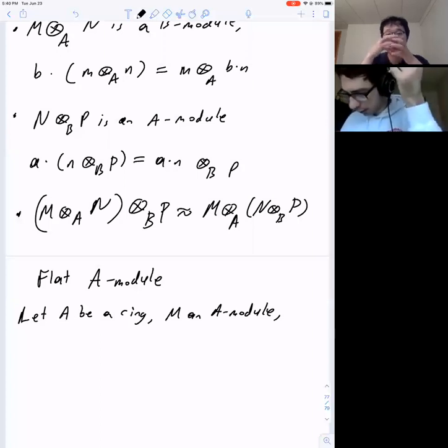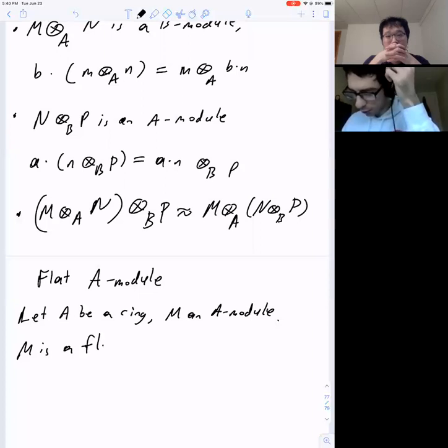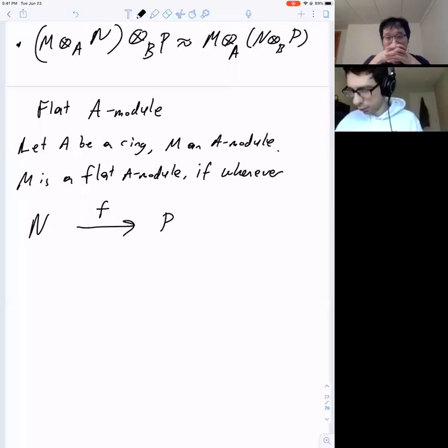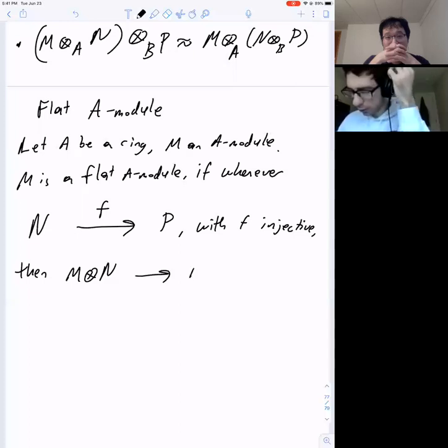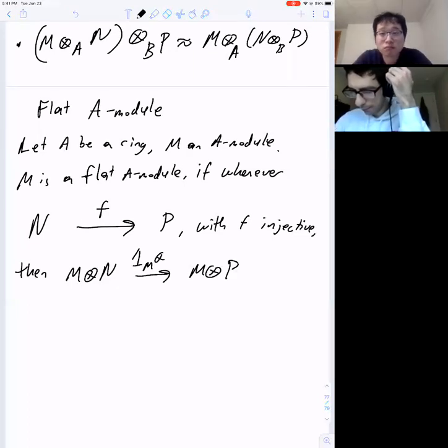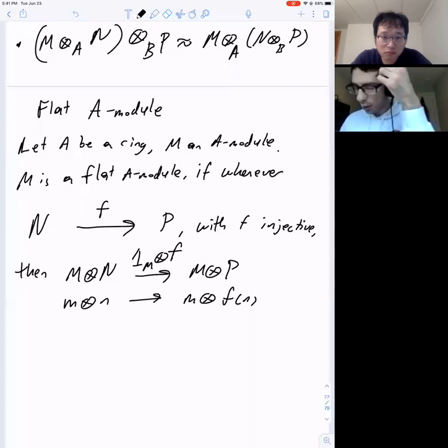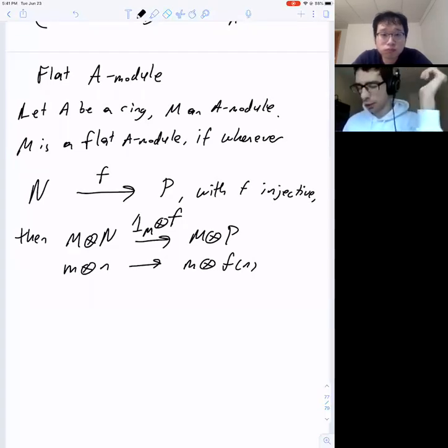We'll say that M is a flat A module, or we can just say M is flat, if whenever we have two modules N and P related by F, with F injective, then we have that M tensor N and M tensor P are related by this map, 1_M tensor F, mapping M tensor N to M tensor F of N. This map is not necessarily injective, but if M is flat, then it is.